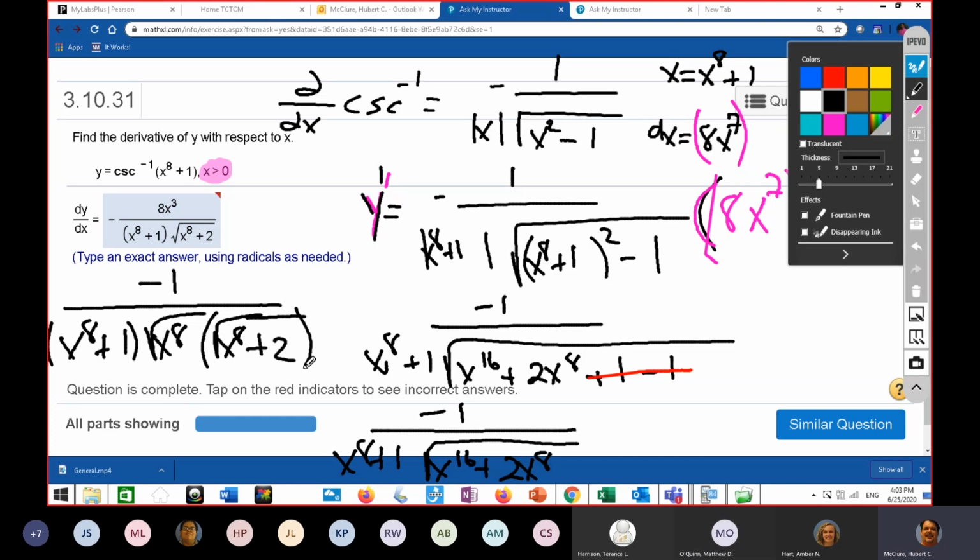And what is the square root of x to the 8th? X to the 4th. So your final answer is -1 over x to the 4th, x to the 4th times x to the 8th plus 1.